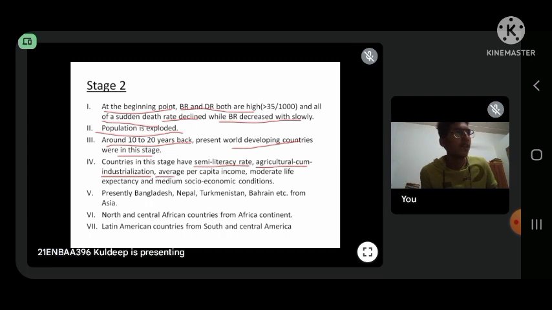The per capita income is moderate, with medium life expectancy and medium socioeconomic conditions. Presently, Bangladesh, Nepal, Turkmenistan, and Bahrain from Asia come under stage 2, as do North and Central African countries from the African continent, and then Latin American countries from South and Central America.